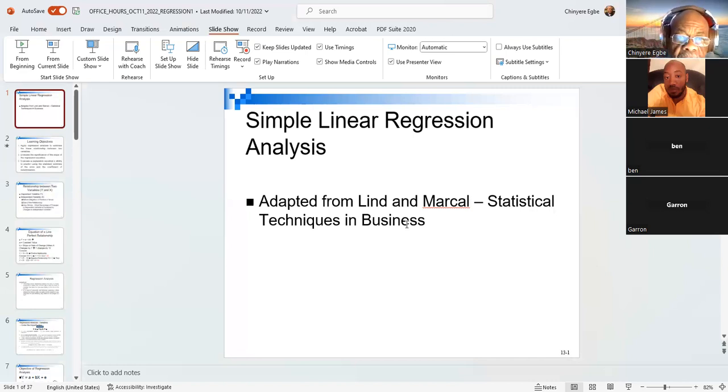Now, if you were dealing with one dependent variable, the values of which are affected by two or more independent variables, then we're dealing with multiple linear regression. And now we also have more complex models of regression analysis that we call multi-equation models. Okay, we're not going to go into that in this class.